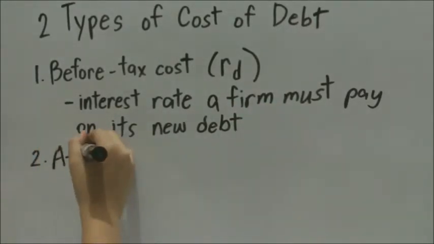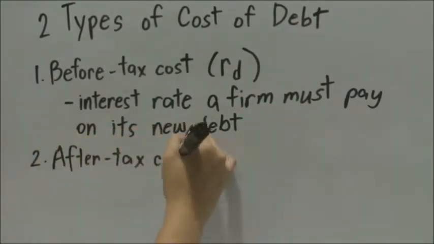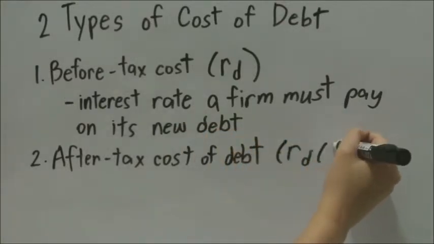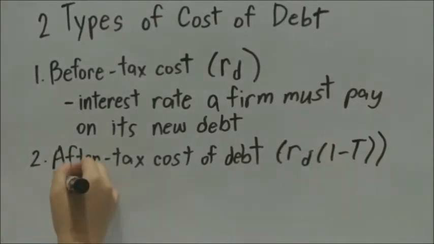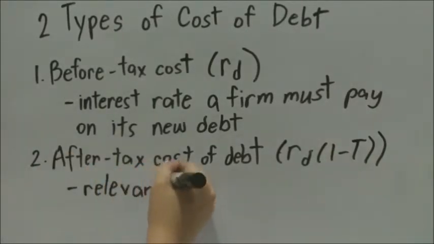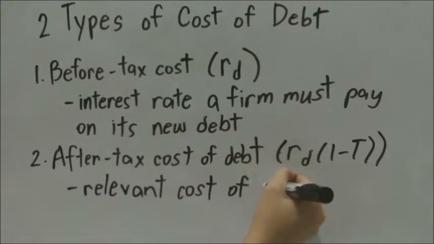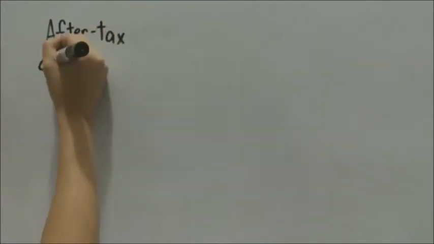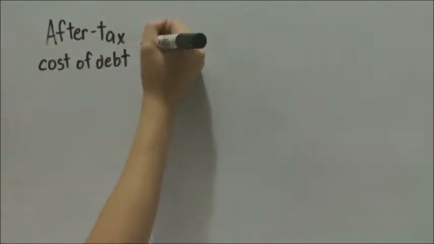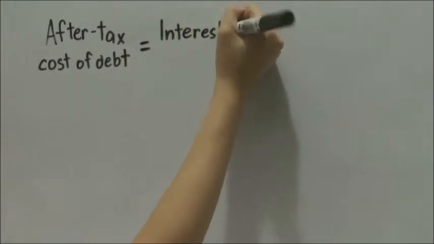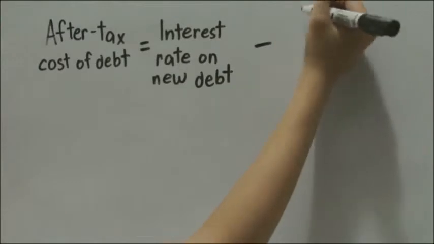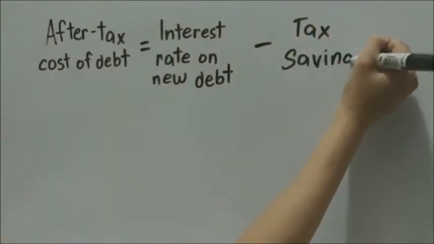The second type is the after-tax cost of debt, RD (1 minus T), which is the relevant cost of new debt, taking into account the tax deductibility of interest, which is used to calculate the WACC. This is the interest rate on new debt, RD, less the tax savings that result because interest is tax deductible.